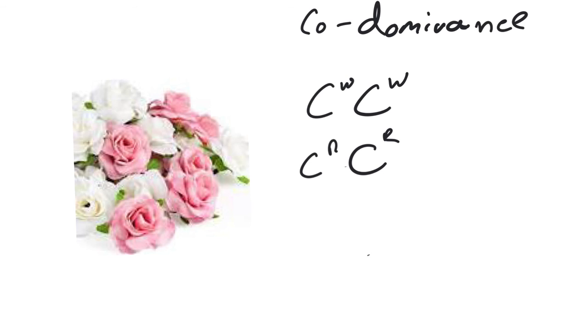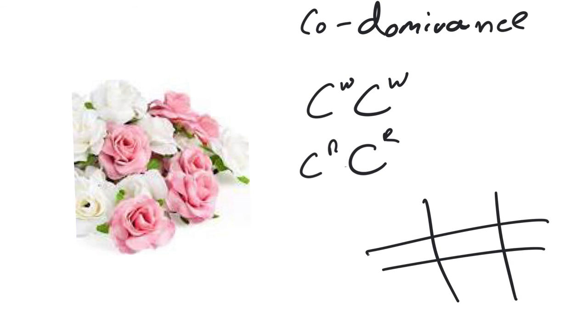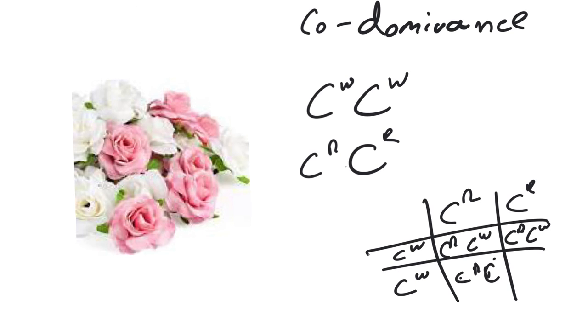And let's say these two parents are crossbred, and we work out the Punnett square, so we do the same thing again. So we'll take one of the parents, you've got red, you've got white roses, and we'll do the same thing: CR, CW, CR, CW, CR, CW, CR, CW.